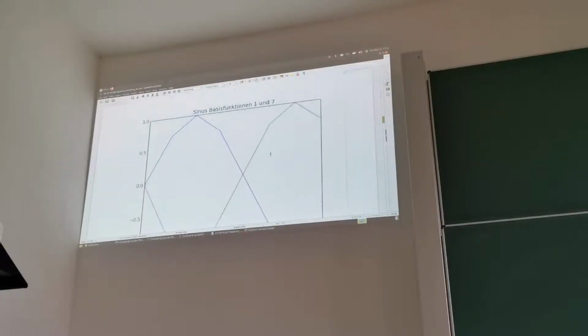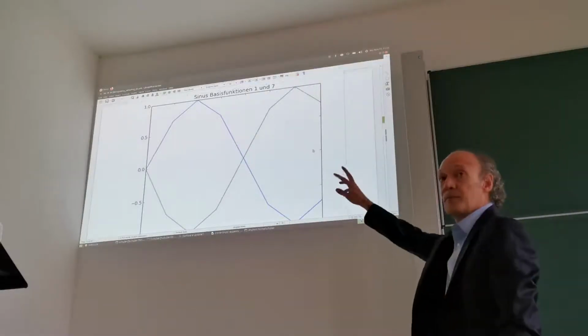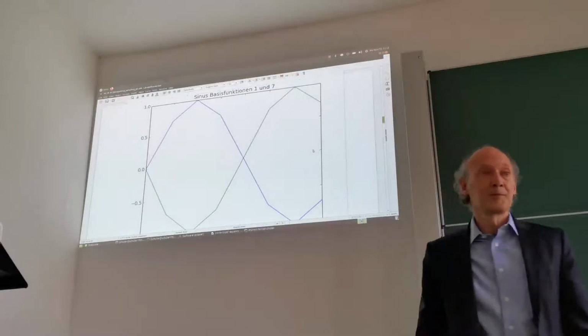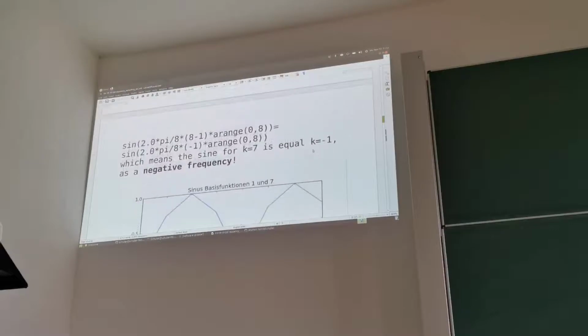So here you can see it. And here you can see it's indeed identical, except that the sign is flipped. Right. So this is actually what we observed. So we can see here k equals 7, and that's actually identical to k equals minus 1, because the sine is periodic.